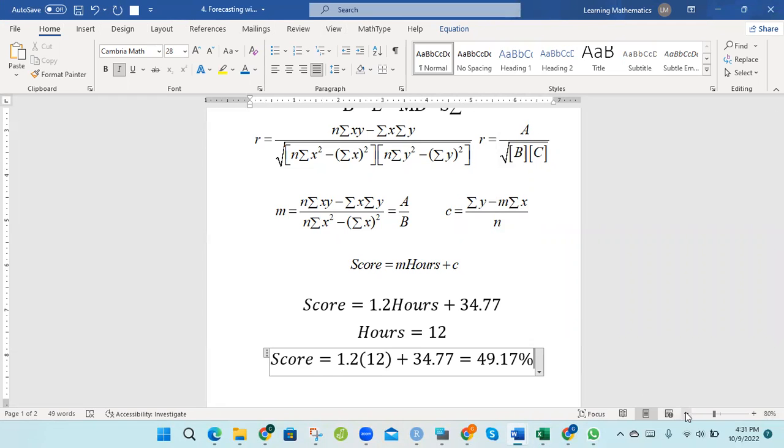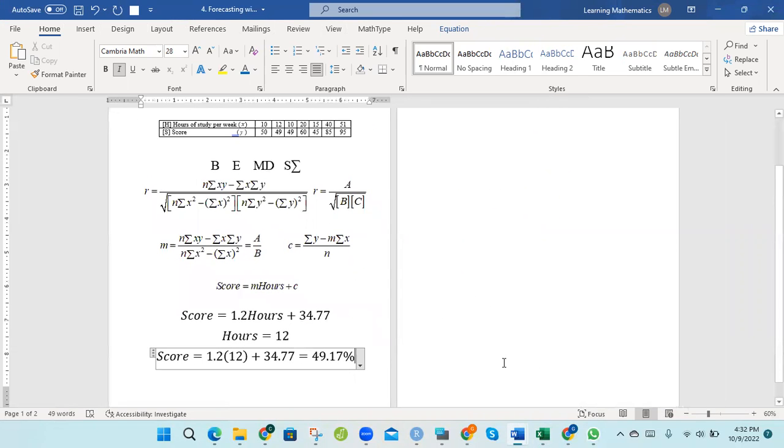Now, let's say you want a score of 90%. Let's say your score is equal to 90%. How long should you study if you want a score of 90%?